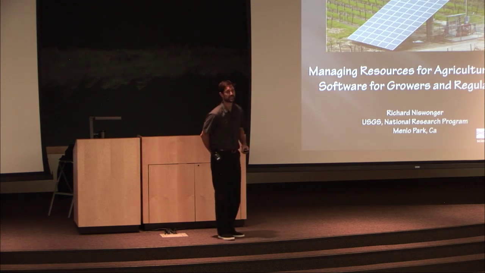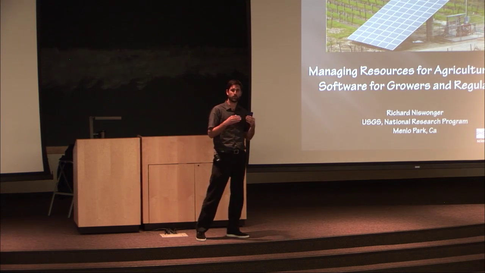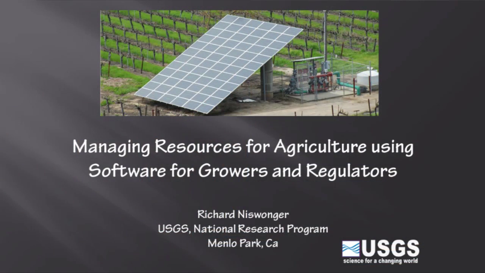As the title of my talk suggests, I'm going to talk about managing resources in agriculture. One of the greatest issues of our time, I would say, is the pollution related to agriculture. And not only that, the effects of climate on agriculture and food production has the potential to create one of the greatest humanitarian issues of our time.